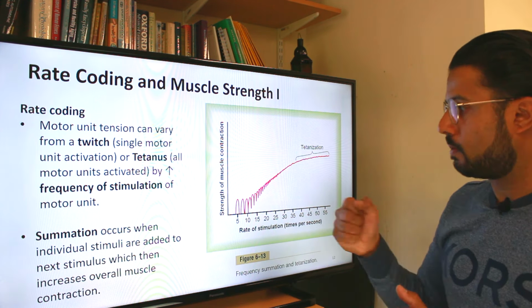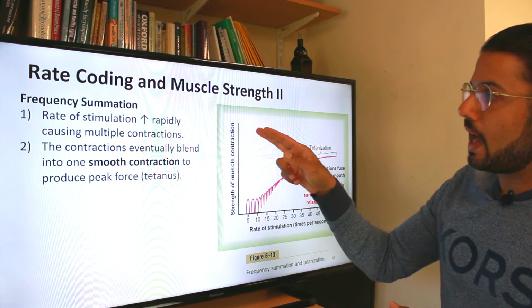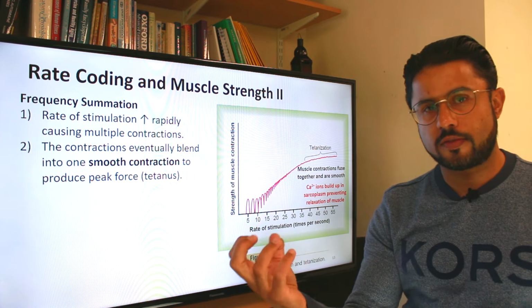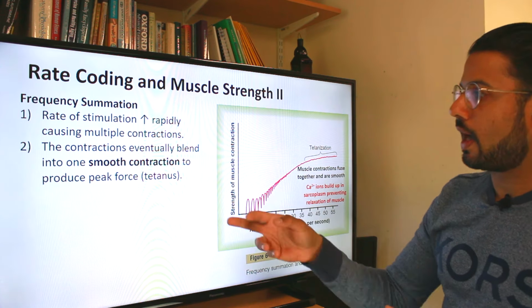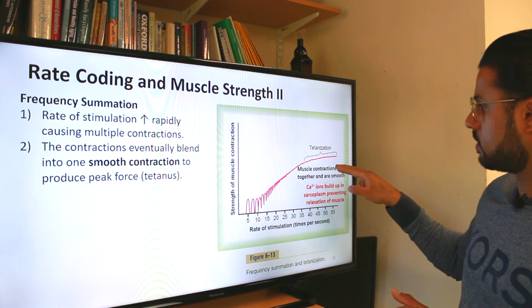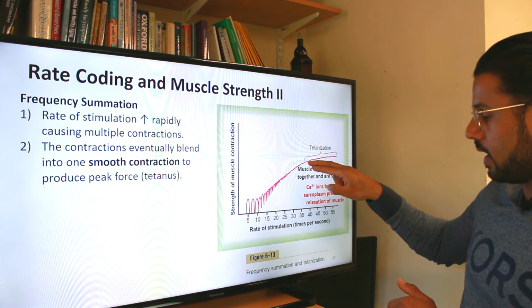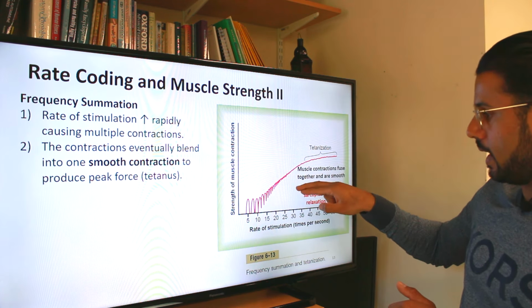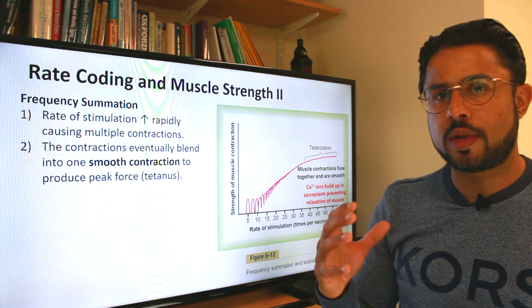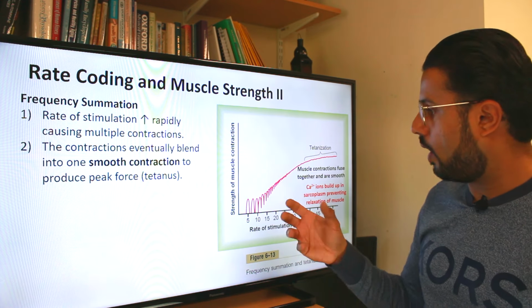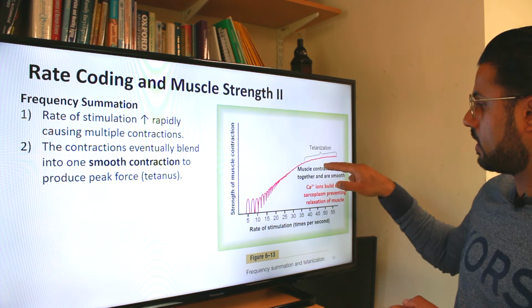So frequency summation is very important because it allows multiple contractions of the muscle fiber to occur, and it will happen very smoothly because those individual stimulations are summated together, so you get this smooth kind of contraction. Okay, now we don't really know what happens when you get to this kind of peak force.